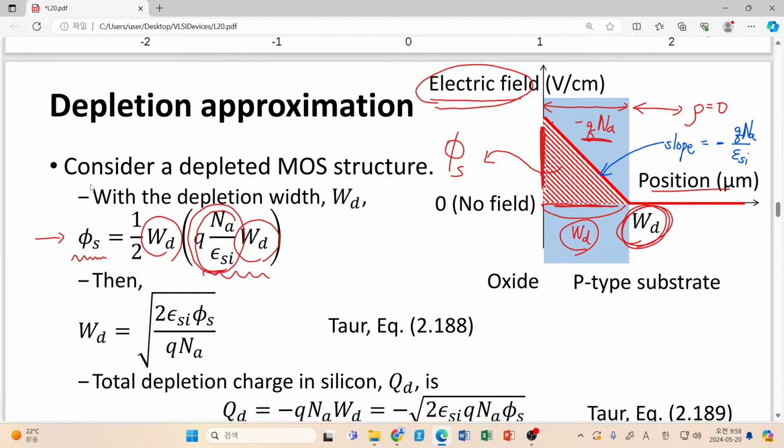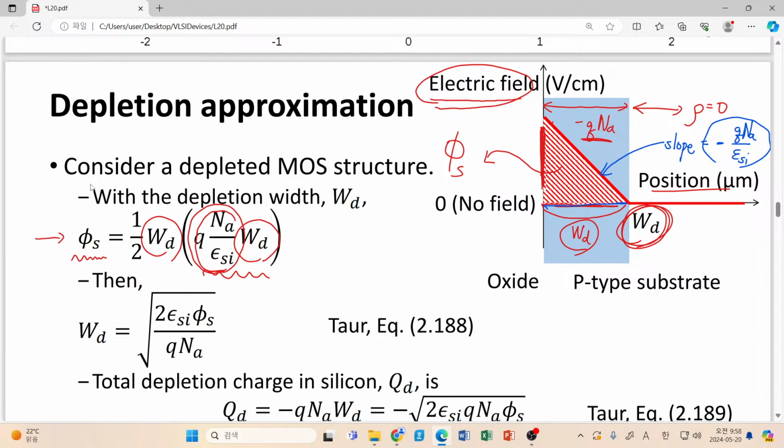Why is it true? Actually, we have to consider the electron contribution and hole contribution, but in this depletion approximation, we intentionally eliminate both holes and electrons, so we consider only negatively charged acceptors in this case. That's the reason why this slope is given by this number, and this corresponds to the tangent.